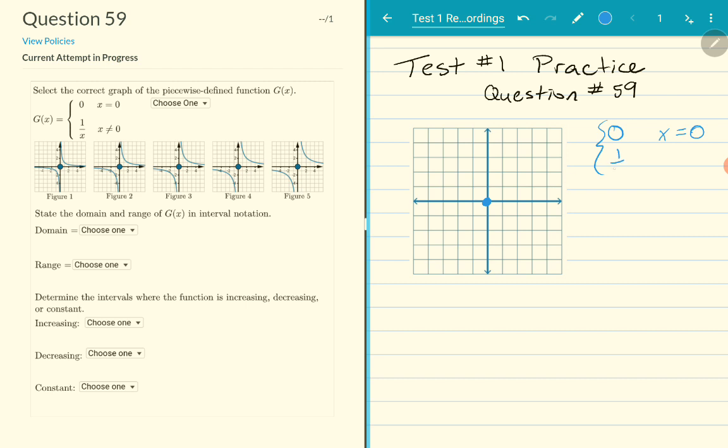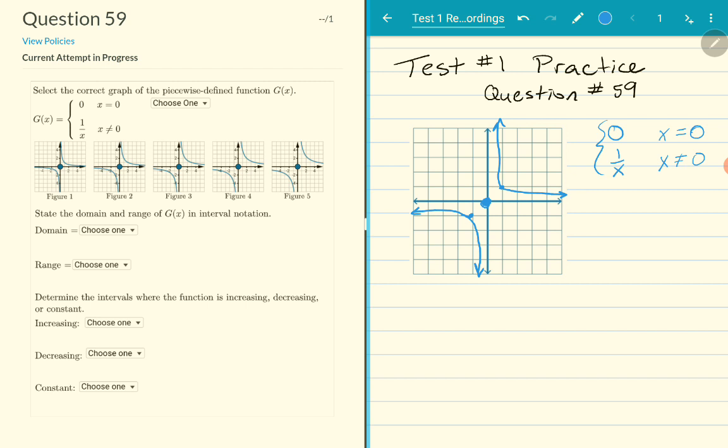And 1 over x when x does not equal 0. 1 over x is going to go through the point (1, 1). And as the numbers get bigger, the numerator gets bigger, so it looks like that. But it's not defined at 0, which is okay, because we got our definition of 0 right there.